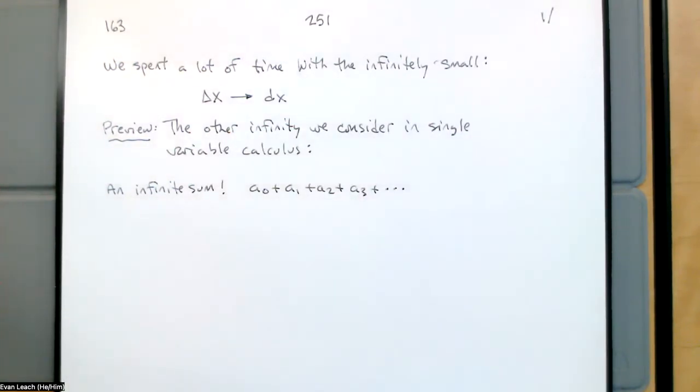The other infinity that we're going to concern ourselves with is a discrete infinite sum. So a sum with an infinite number of terms. So here's another kind of infinity that we need to be concerned with: a sum with an infinite number of terms.